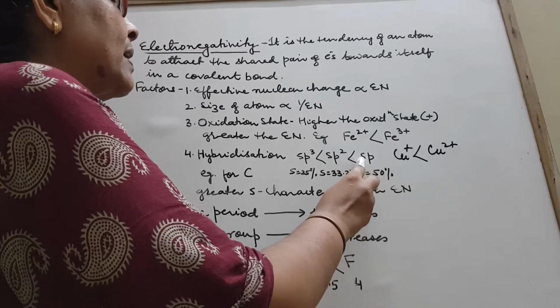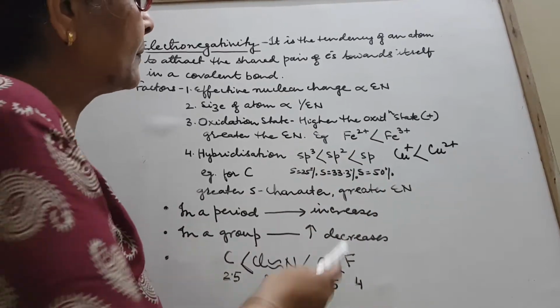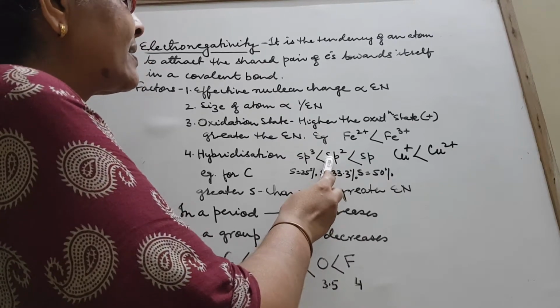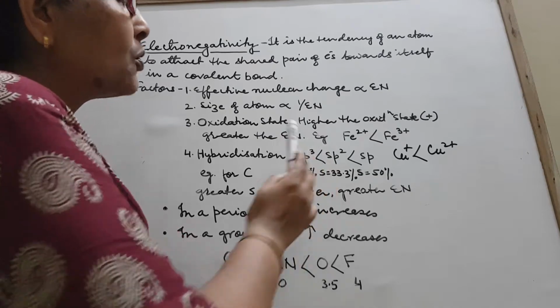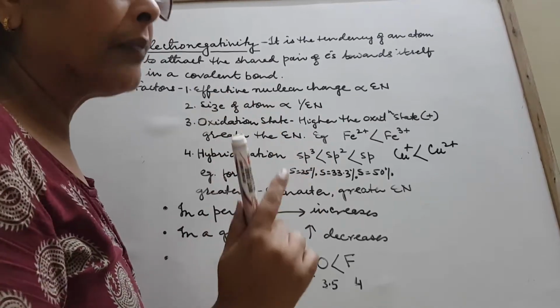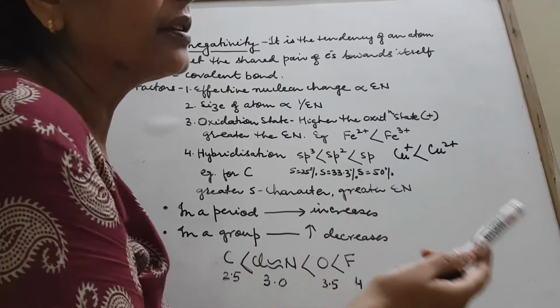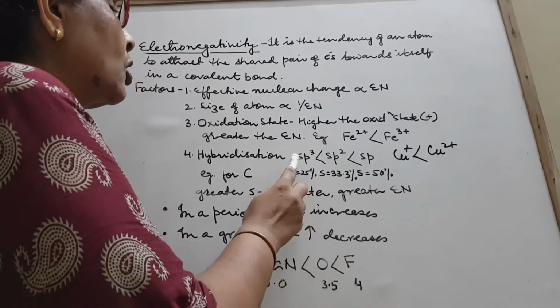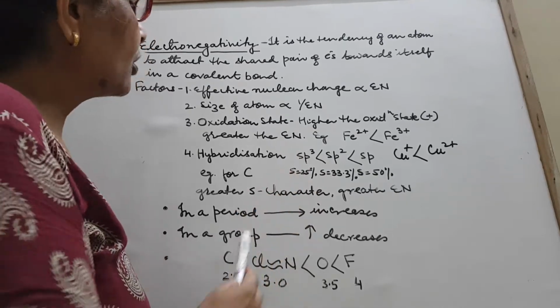In sp, one part S, one part P, so 50% S, 50% P. In sp2, one part is S, two parts are P, so S is 1/3, which is 33.33%. In sp3, one part is S, three parts are P, so S is 1/4, meaning 25%.